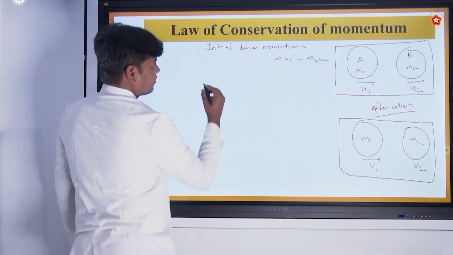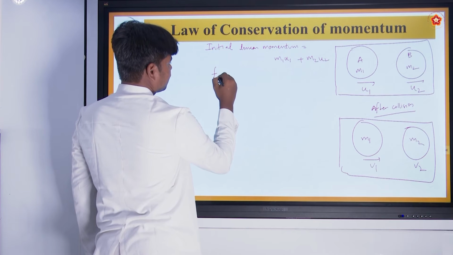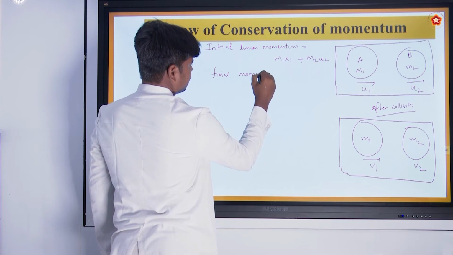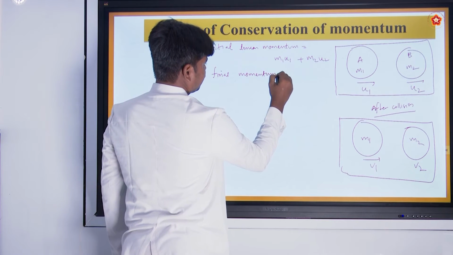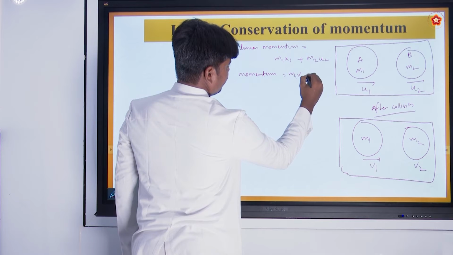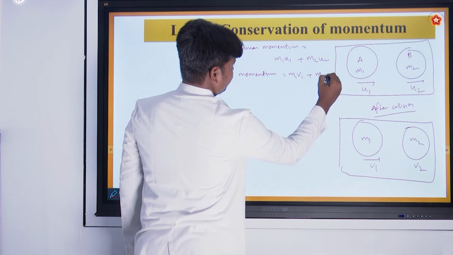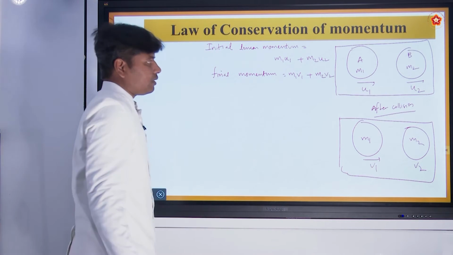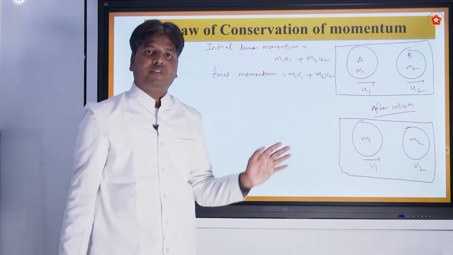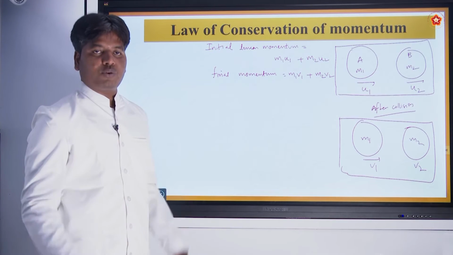Now final momentum. Final momentum of the system is what? m1 v1 plus m2 v2. So this u1 changes to v1, u2 changes to v2 after the time t, after they get collided.